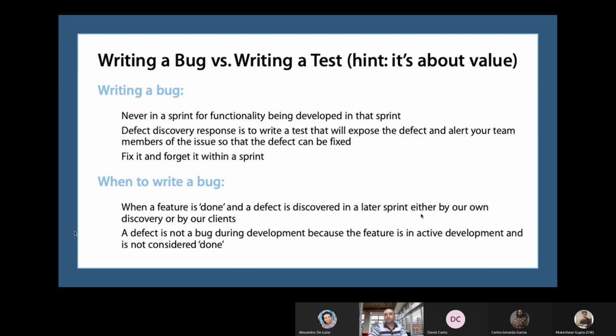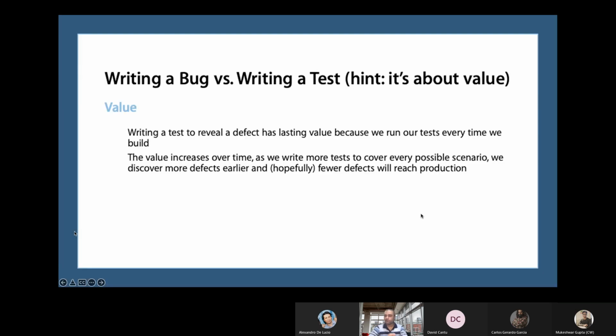Like the same thing we used to do in the code review. While seeing the code review also, okay, there is a separate slide for code review, I'll be coming to that later. Now what is the value we are going to get? In the previous slide also there was a hint, writing a bug versus writing a test.